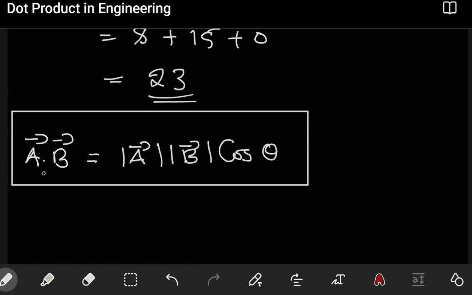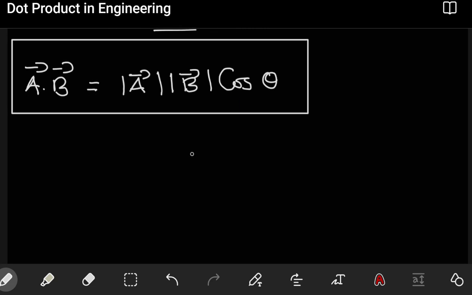So, of course, again, the dot product of A and B will be equal to the magnitude of A times the magnitude of B. So these are just magnitudes, not vectors. So the magnitude of vector A times the magnitude of vector B, then multiplying cos of the angle between vector A and vector B. So in this case, let's say you have two vectors. One vector is this, and then you have another vector, something like this.